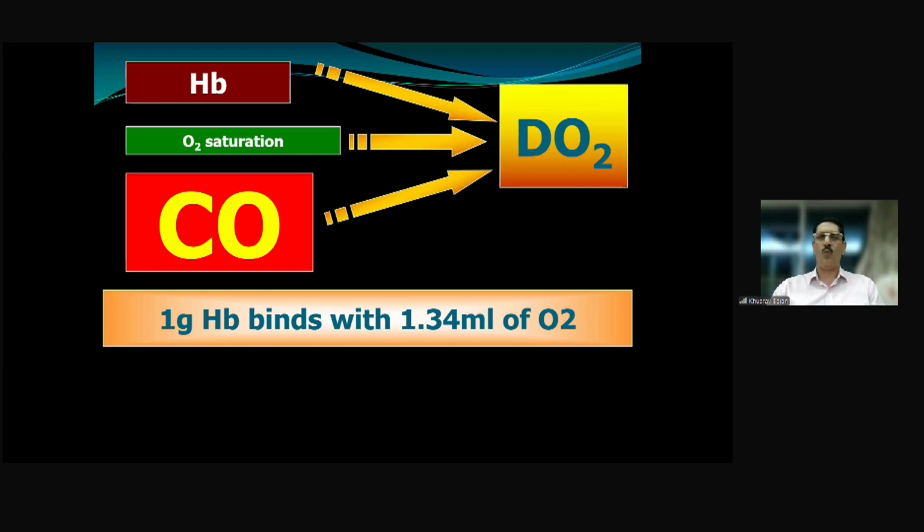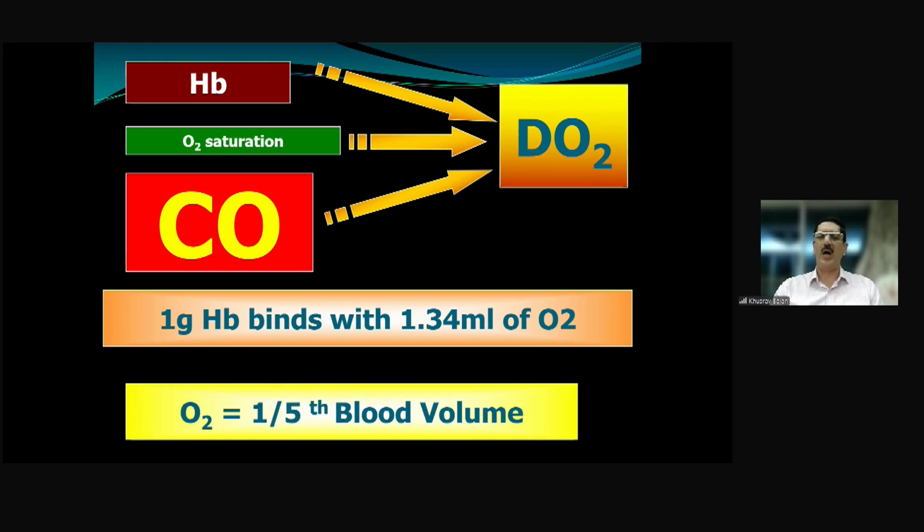So basically, 1/5 of your blood volume is oxygen. And therefore, our delivery of oxygen is 1 liter, whereas our cardiac output or the entire blood volume is 5 liters. So, on an average, if you can't remember these formulas, think of oxygen as 1/5 the blood volume.